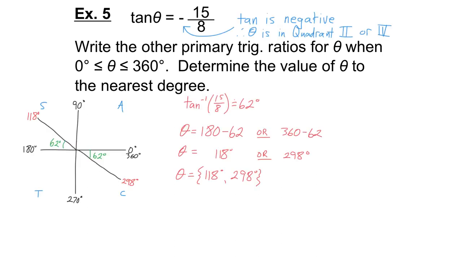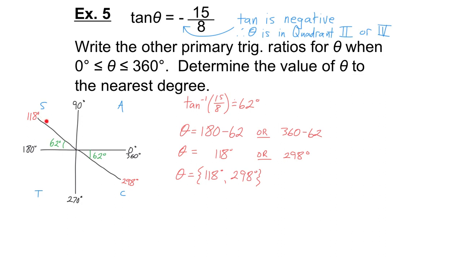Now I went ahead and I figured out the value of theta first. Tan is negative, which means it's going to be in quadrant 2 or quadrant 4. The inverse tan of 15/8 is 62 degrees, which means I have a 62-degree angle between the x-axis and the terminal arm. So whether it's here or here, it's between the x-axis and the terminal arm.